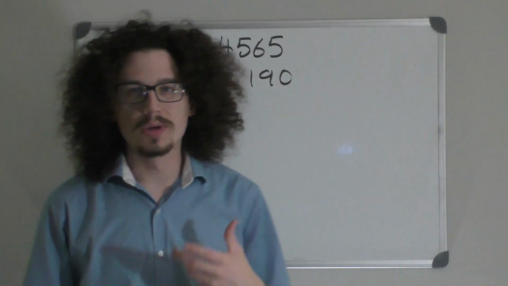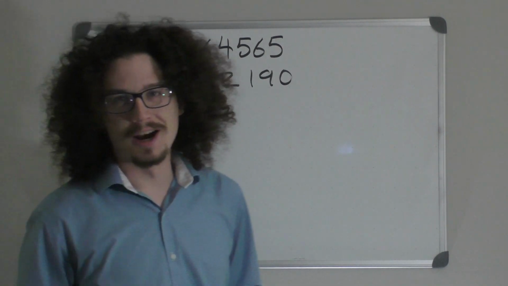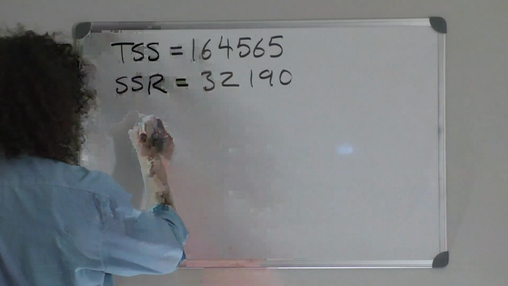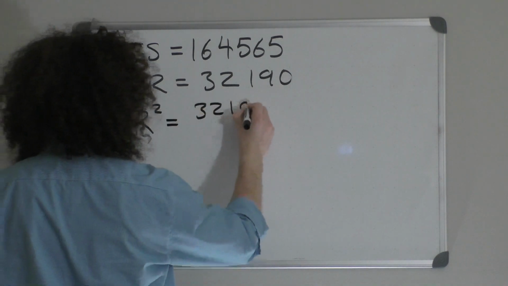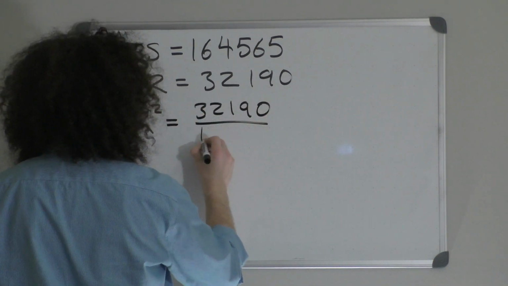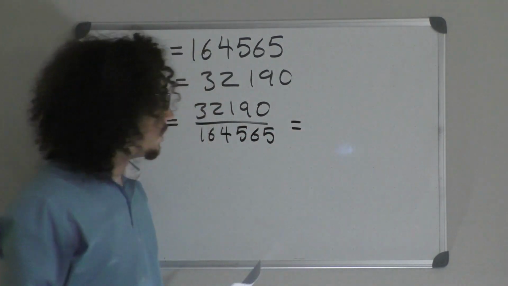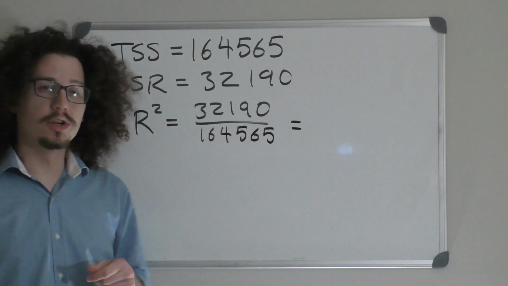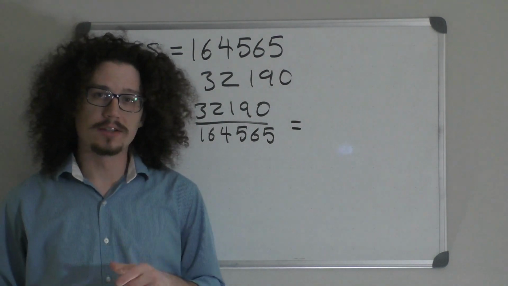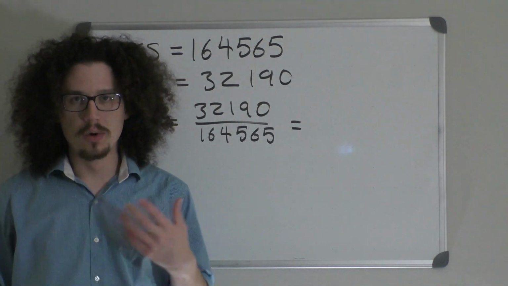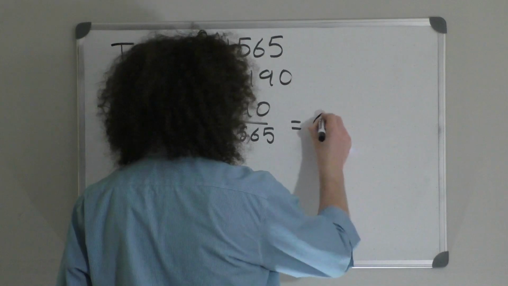With this information we can calculate our R squared. It's going to be calculated as 32,190 divided by 164,565. Once we punch that into our calculator, we should get 0.196.